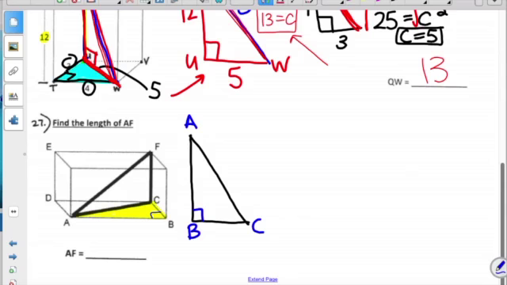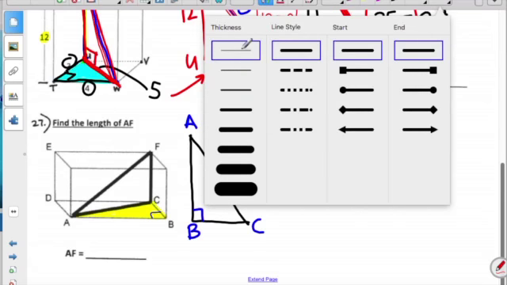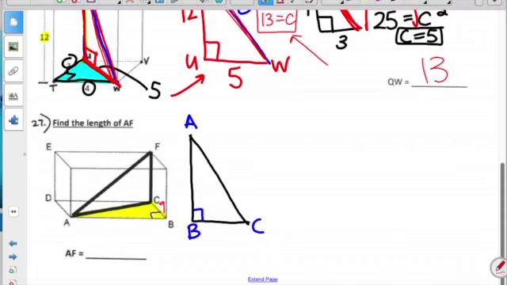So let's fill in what we know. Well, I haven't given you any numbers yet, so let's do that. This one right here, CB, is going to be 9. And this is 8. Okay, so this one right here is 8. So we also know that this is 8, this is 8, and that is 8, because it's how tall our box is.